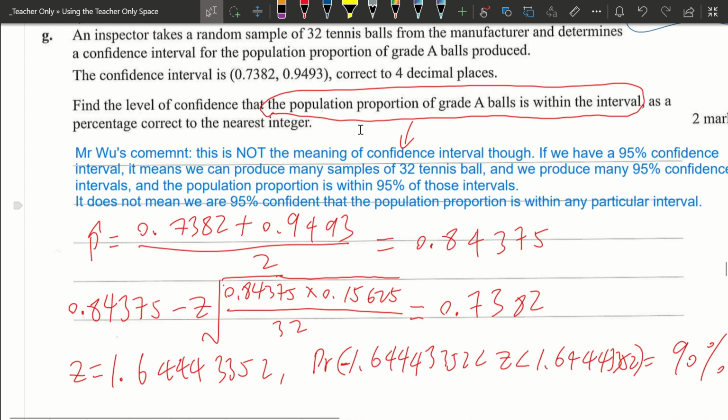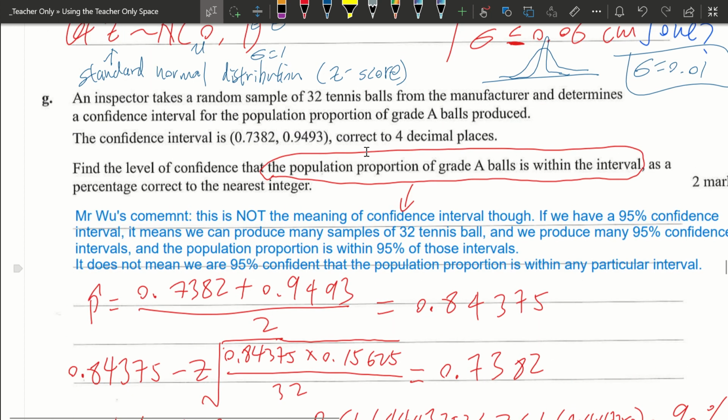My problem with this question is this sentence right here, the sentence that I have circled, is not the most pedantic, correct, rigorous interpretation of confidence interval. A confidence interval doesn't mean the population proportion is within this interval with 95% confidence, let's say, or 90% confidence, or 91% confidence, doesn't matter.